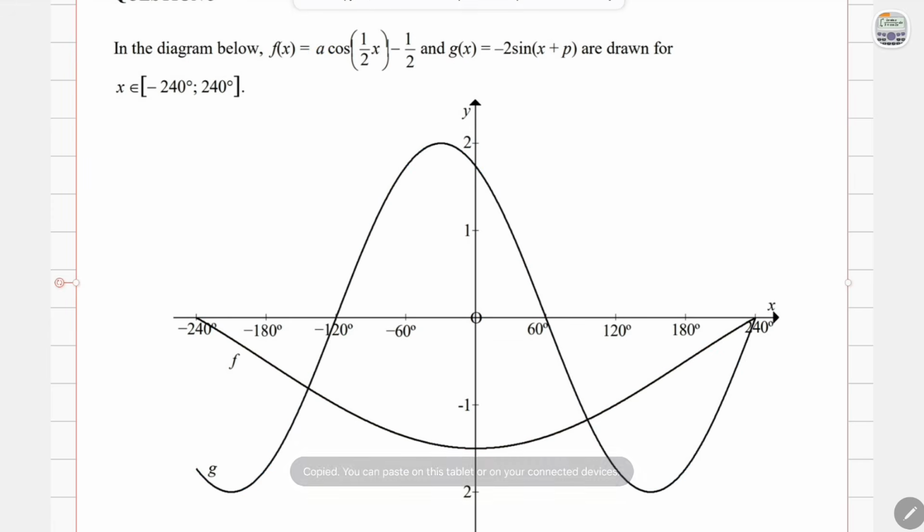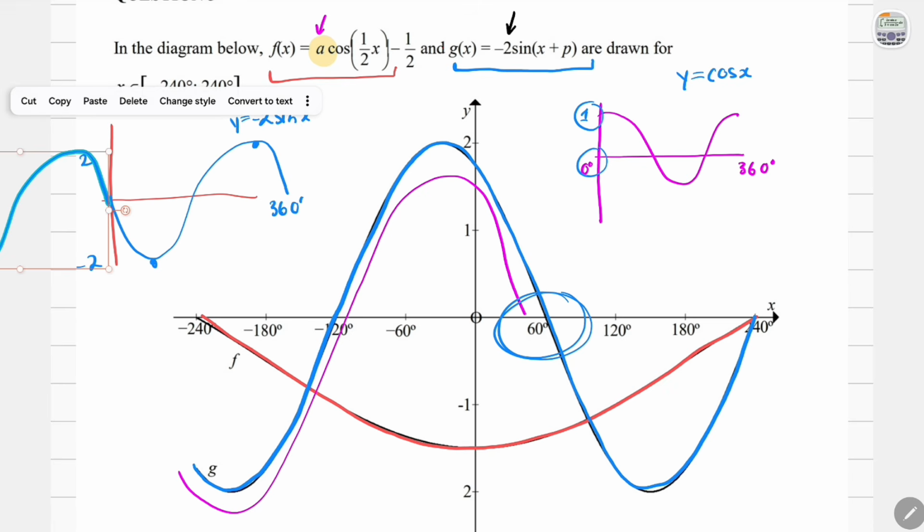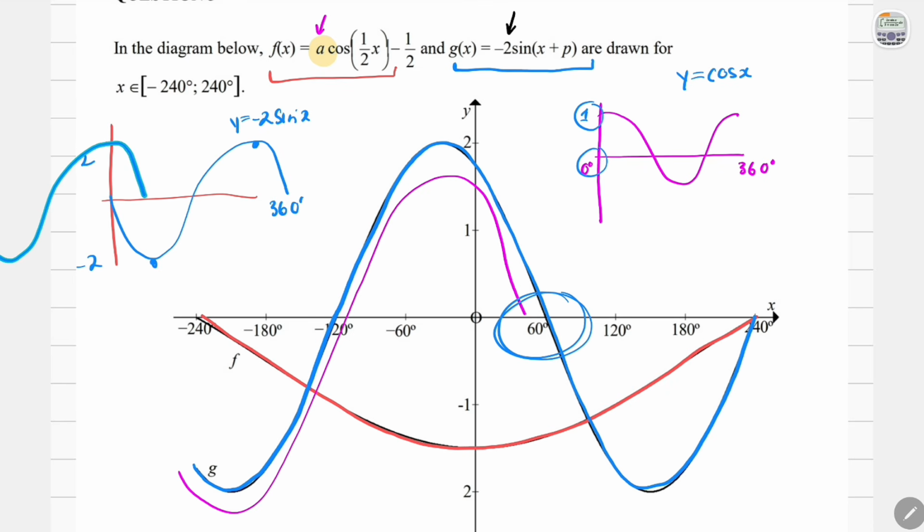I'll copy that graph and then I'll just paste it here just so that you can see what happened. You see the sine graph will repeat itself every 360 degrees. So 360 degrees later, you'd have another cycle that looks like this. And 360 degrees before this, you'd have another cycle over there. And so what happened is this graph, on this part, was actually shifted 60 degrees to the right like that.